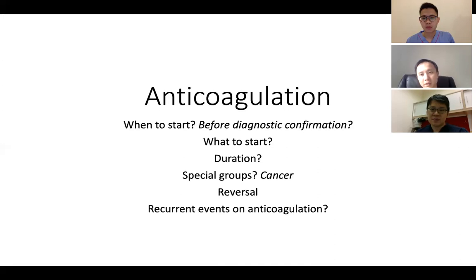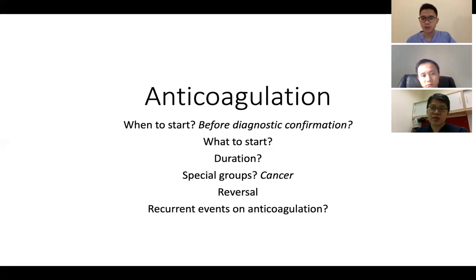Any particular reason why dabigatran is not as favorable? The problem is that in the dabigatran trials, you need to overlap with low molecular weight heparin for 5 days. So that is logistically a bit more challenging. So that was just based on the trial protocol, or were there issues when we gave dabigatran upfront without the Clexane? That is fully based on trial protocol.